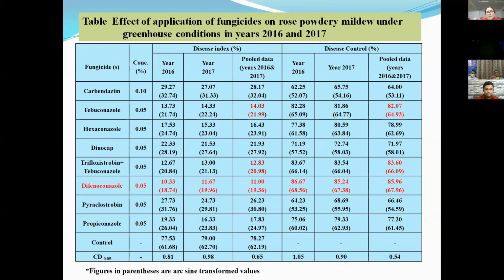Similarly, these chemicals were tested in field conditions continuously for 2 years, and we saw that disease incidence or severity was very low in the case of difenoconazole, only 11%, with maximum disease control of 85%, followed by Nativo, the combination of these two chemicals, and tebuconazole.